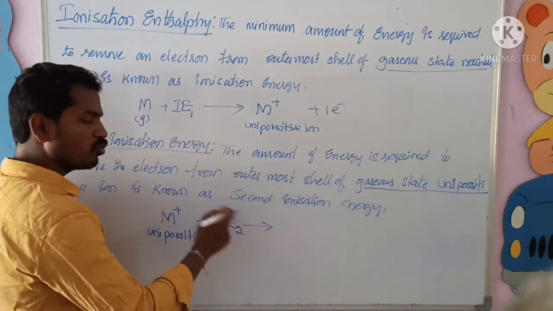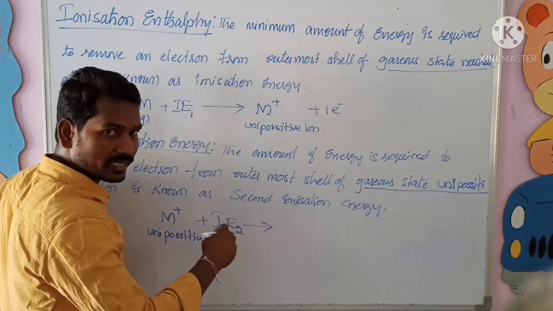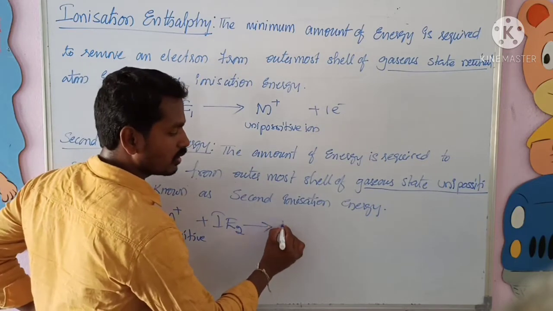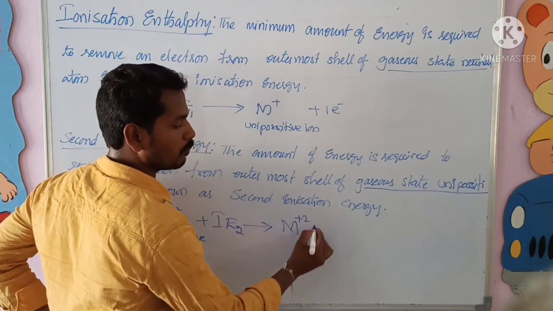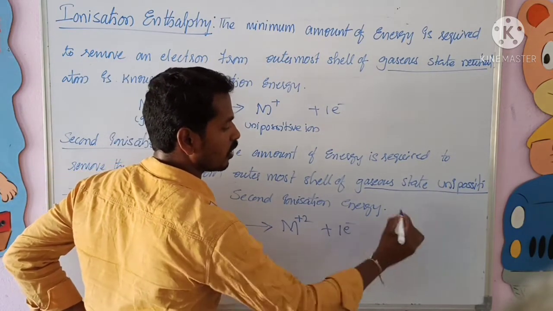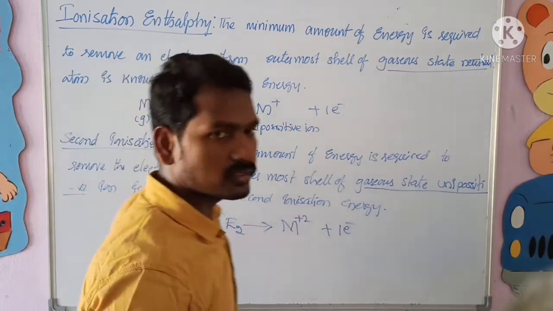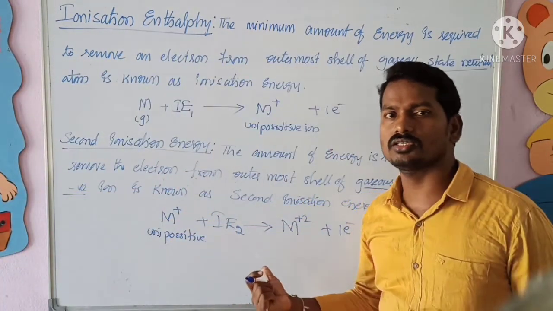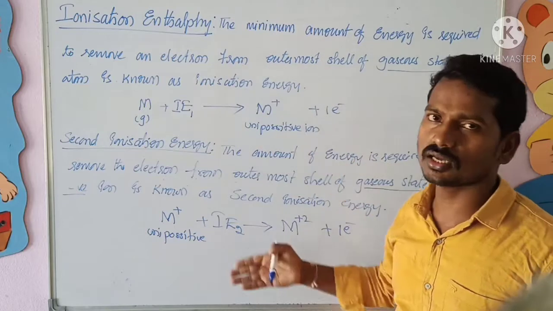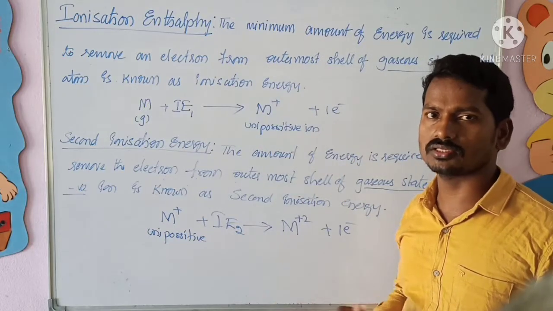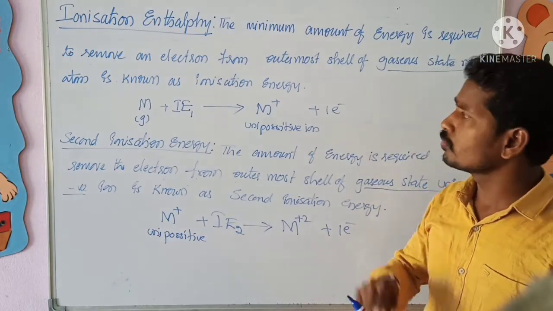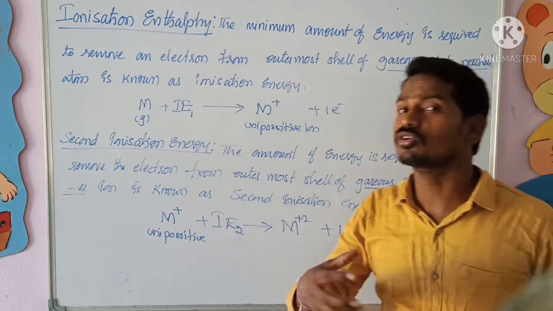Then by removing one more electron, the second electron, from the unipositive ion, it turns to M plus 2. So this is the second ionization energy. In both cases we use a certain amount of energy.